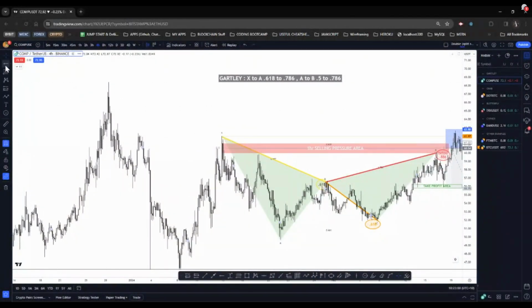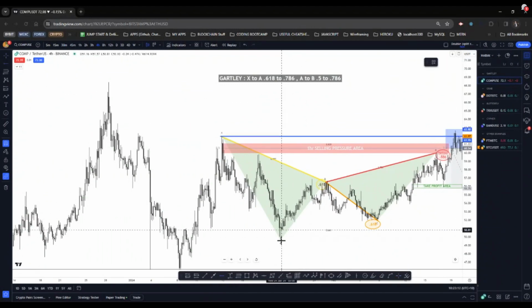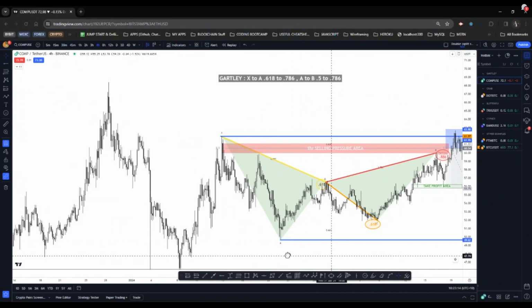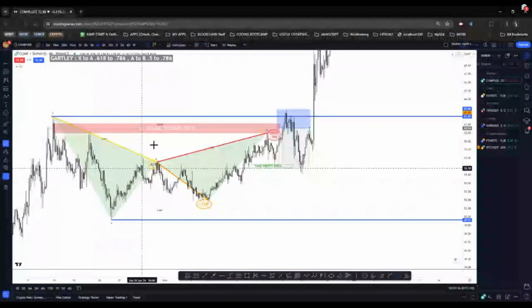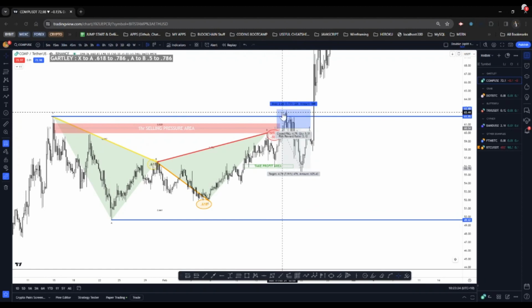If I was to draw this, you can see they're still within that. So the whole harmonic stays within this range, right? So in a Garley, this is where the whole thing plays out within the range. Within this exception, which is fine.